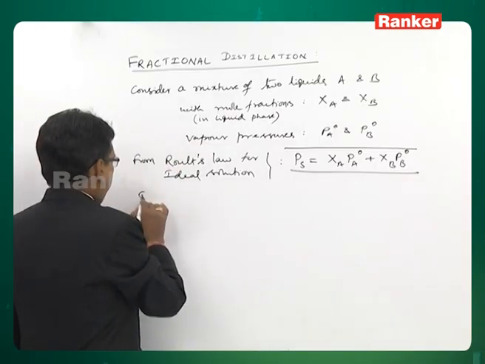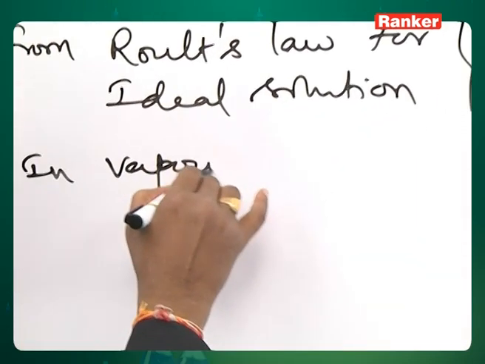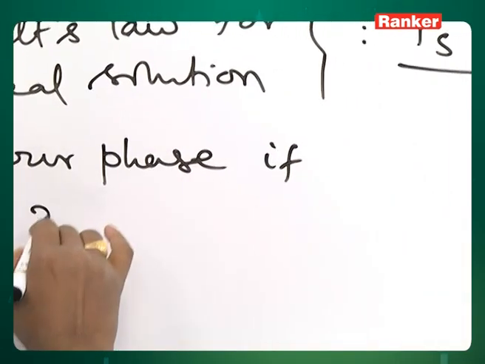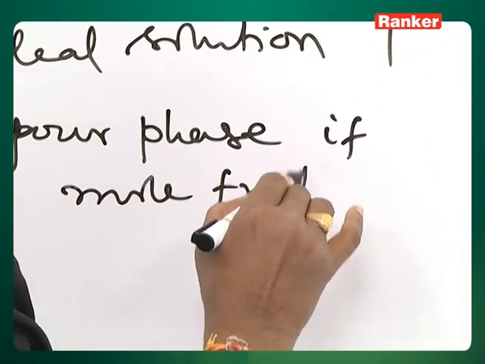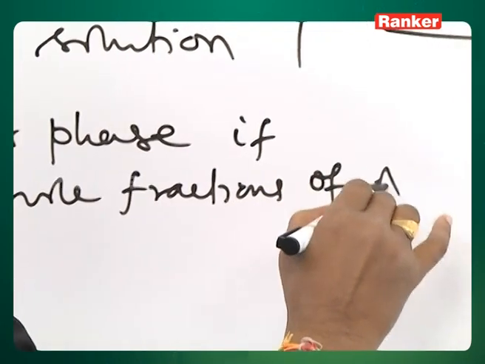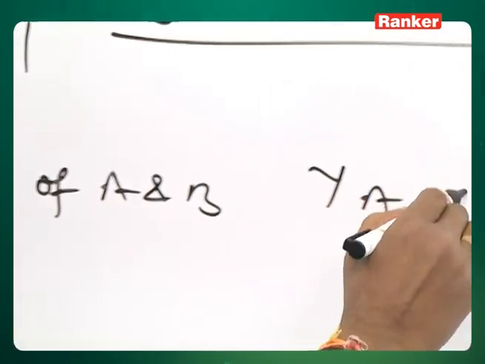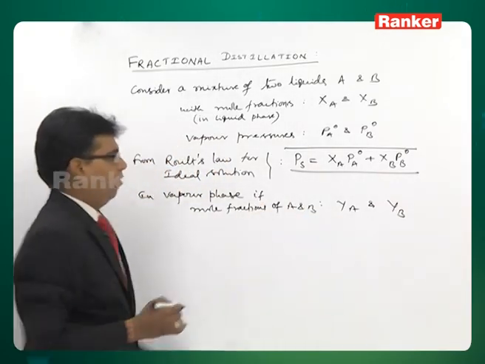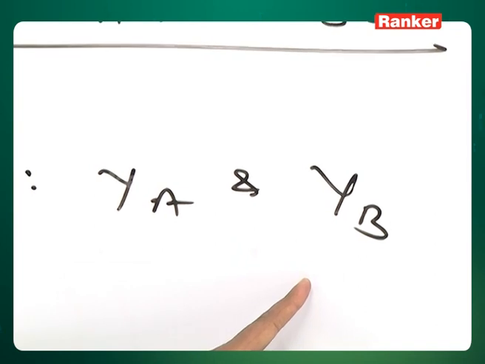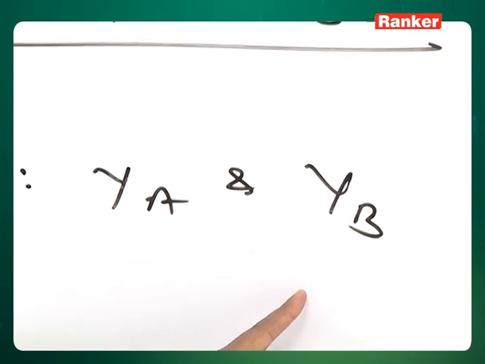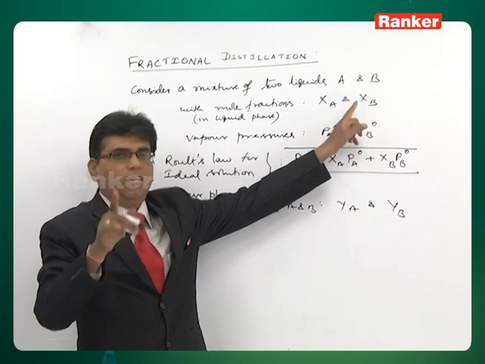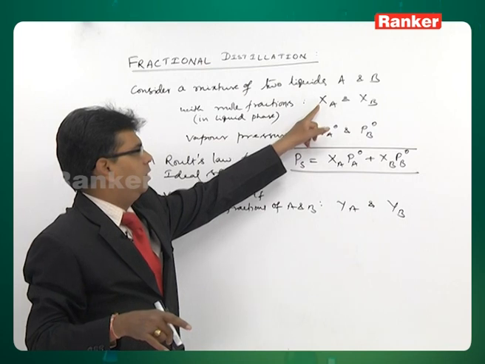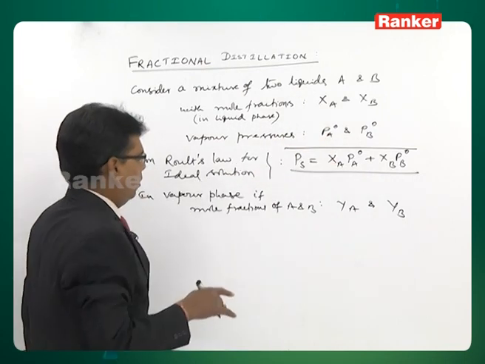Now, in vapor phase, if mole fractions of A and B are Y A and Y B, Y A and Y B are mole fractions of the two liquids A and B in vapor phase. These two are in liquid phase. Now, what relation for Y A can we get in terms of X A and P A naught?